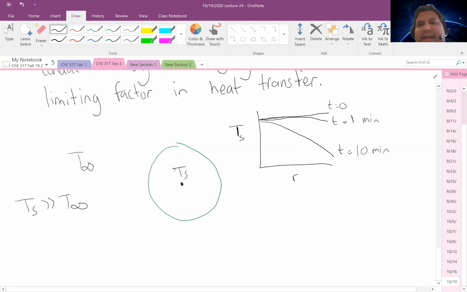And so over time, as that sphere cools, we can expect some form of a temperature profile to exist in that sphere.